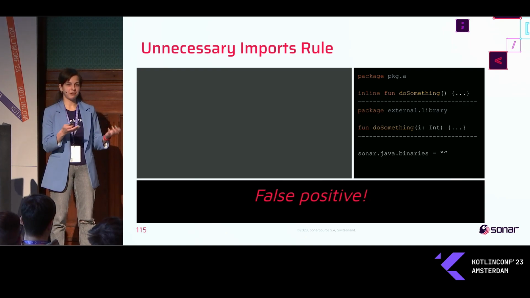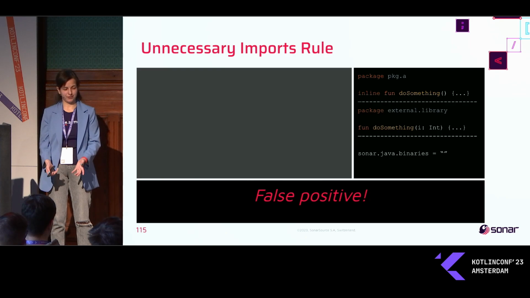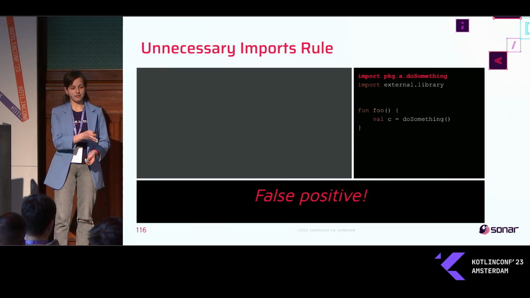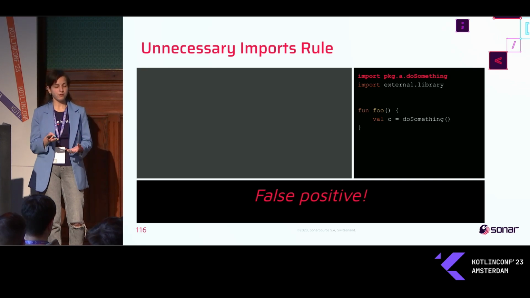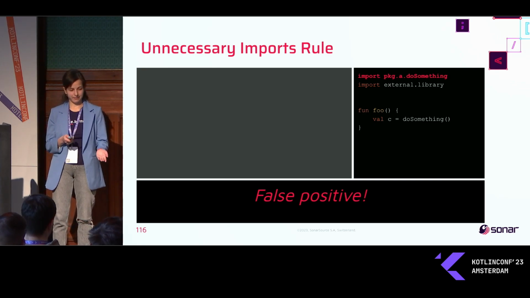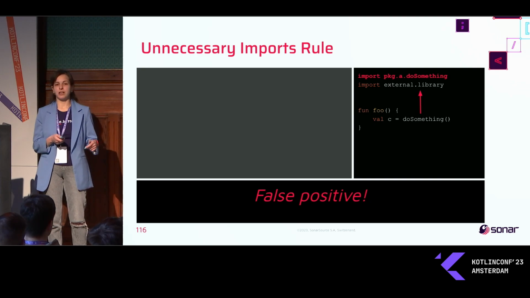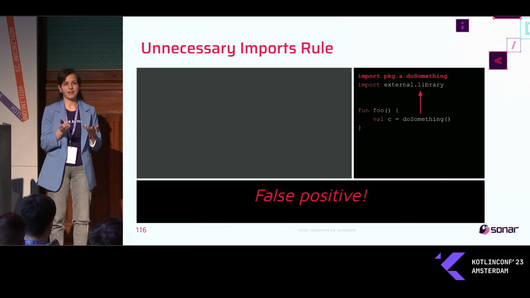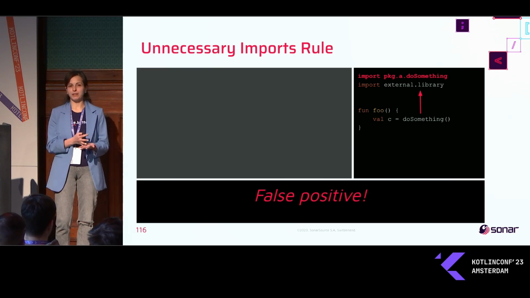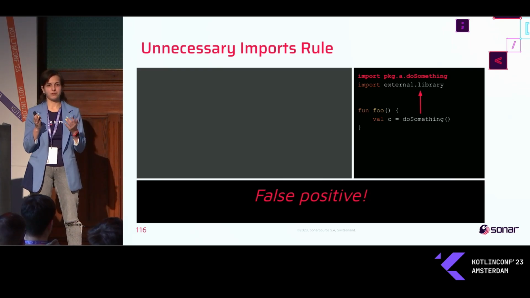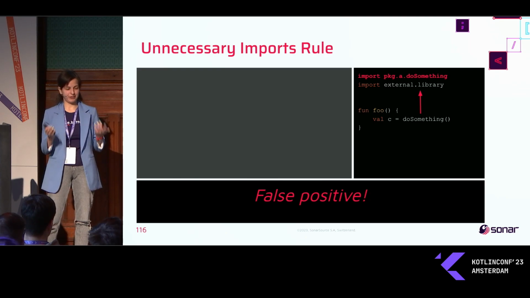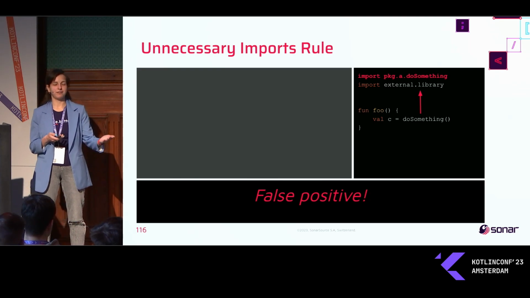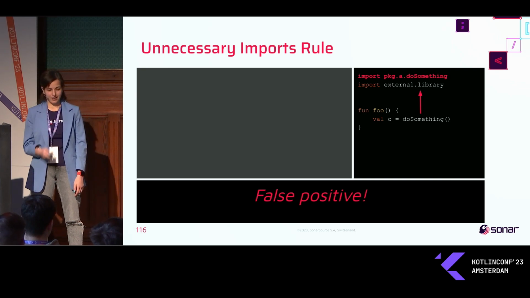So libraries are present, but your own binaries are not. Then, when we are analyzing this, you see that package a.something is unused, while it's definitely used. Why? Because this doSomething was resolved to a different import. So instead of having an error in the imports, we don't have any unresolved imports, because it was actually resolved, but to something different, and we still have a false positive.